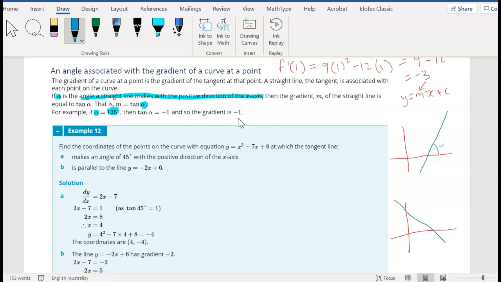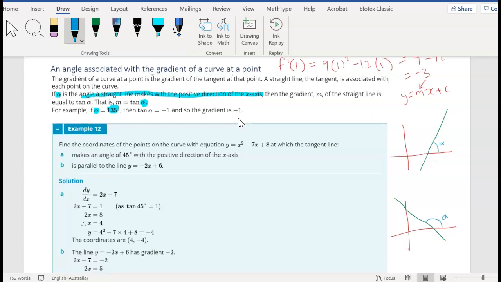So that's alpha in there, and this one here is alpha. If it's a positive gradient, that's alpha there, so it's less than 90 degrees. If it's a negative gradient, obviously it's greater than 90 degrees. Okay, so the positive direction of the x-axis.